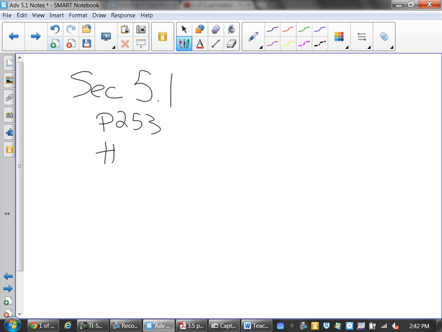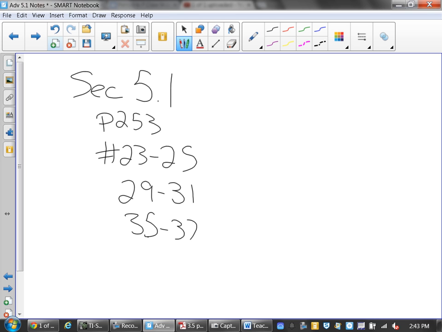I'd like you to do numbers 23 through 25, 29 through 31, and then 35 through 37. There are three of each style: three standard, three vertex, and three intercept.